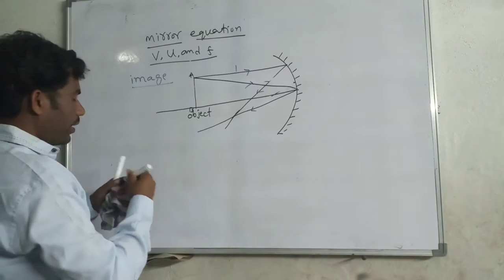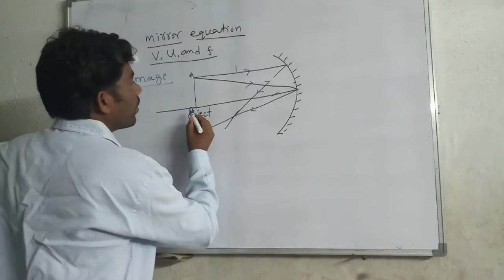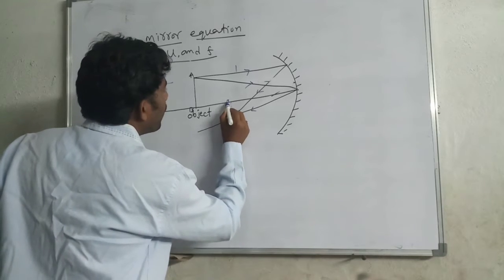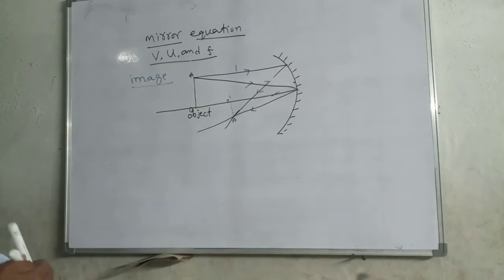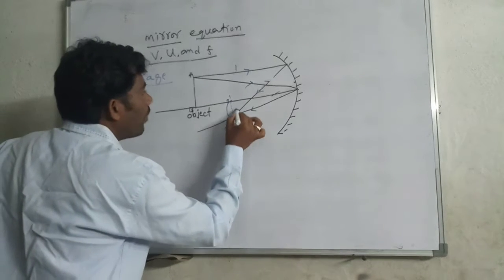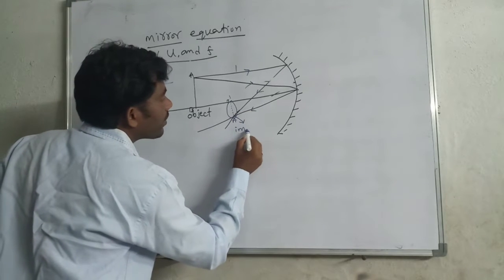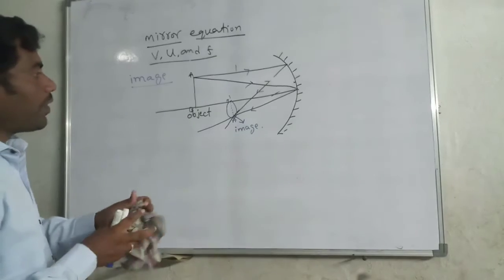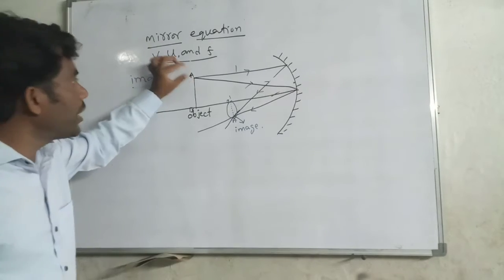Now this is B dash, A dash. We call this point the image. It means a chosen point is the object.